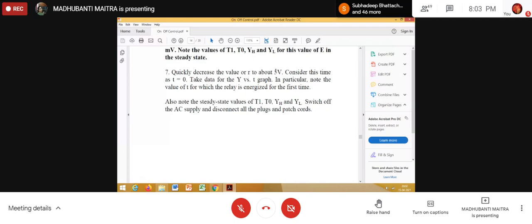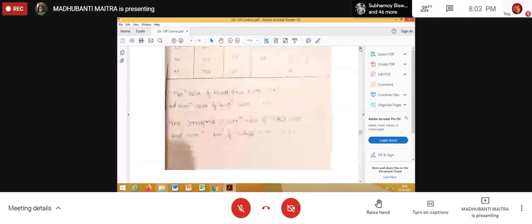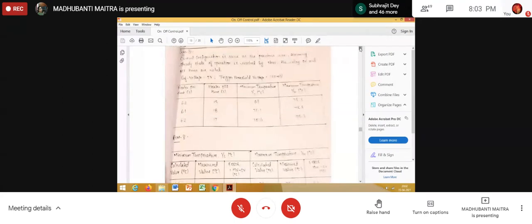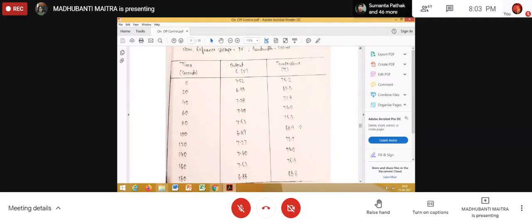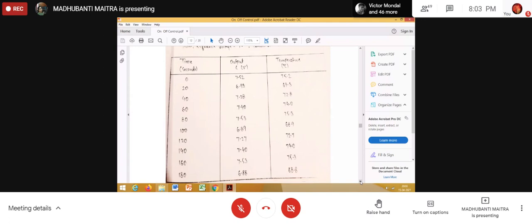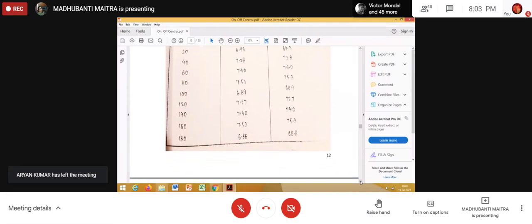Is it clear? So if the temperature was around 68.8 degrees, that was the temperature of the plant. Now we have changed the reference input to 5 volt.